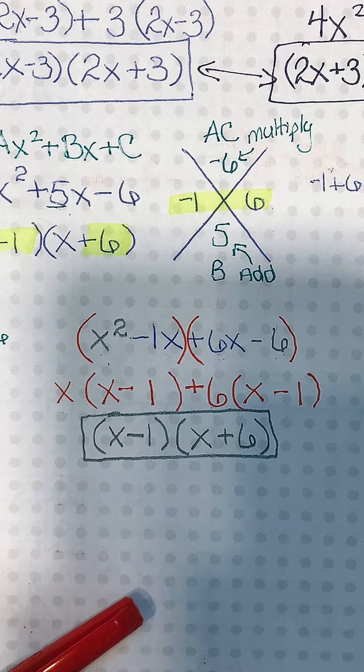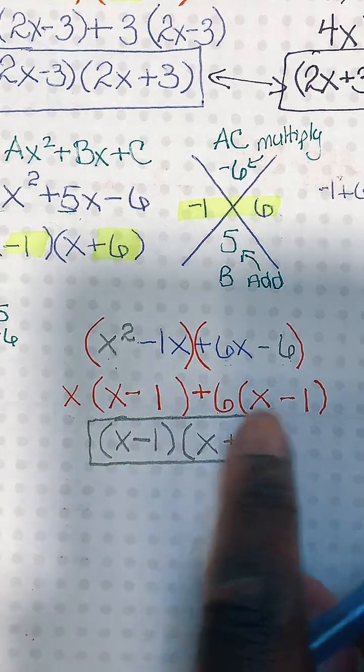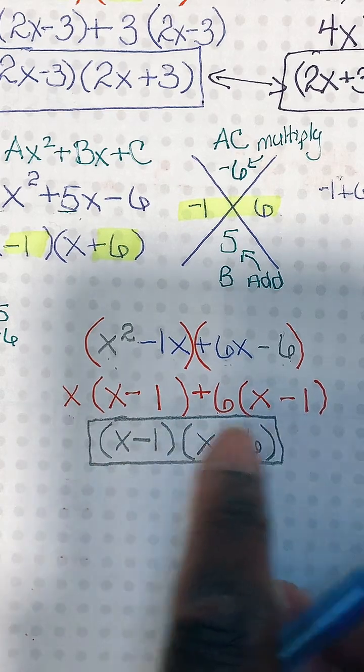Can we cancel out? You just factored out the common binomial. Yes. Okay, why do we not cancel out the x minus 1? Because we're factoring. We're not combining. We're factoring.